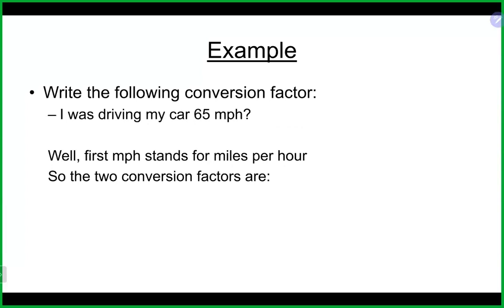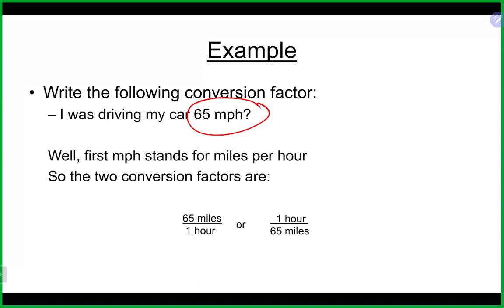Obviously, we sometimes get conversion factors in words. So 65 mph is miles per hour. Whenever you have something per something, that's basically 2 units together as a fraction. The number stays with the first unit. So 65 miles per hour means you are driving 65 miles in 1 hour. If you kept that speed the whole time, you would go 65 miles in that 1 hour.